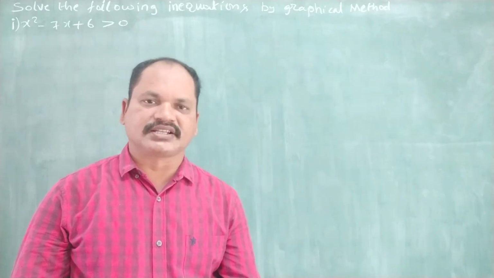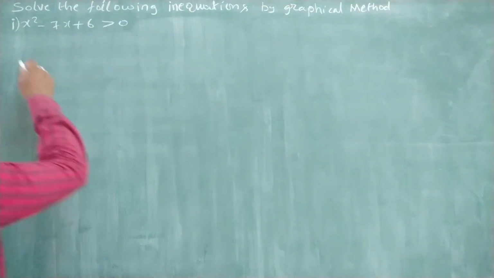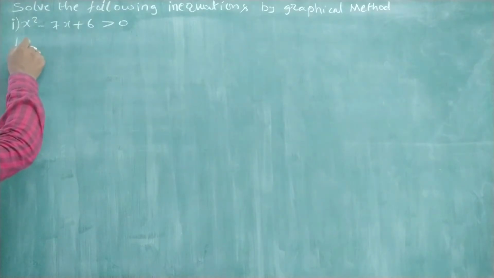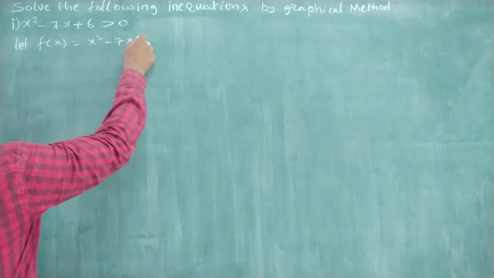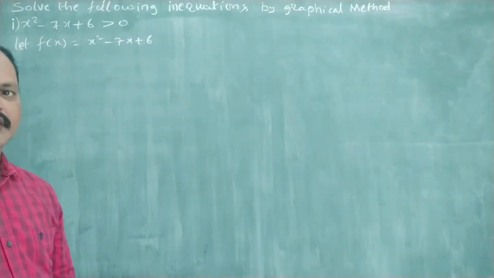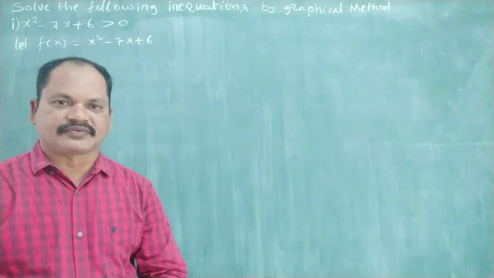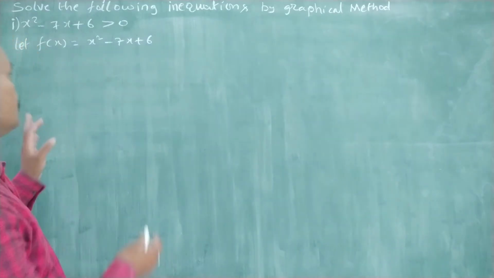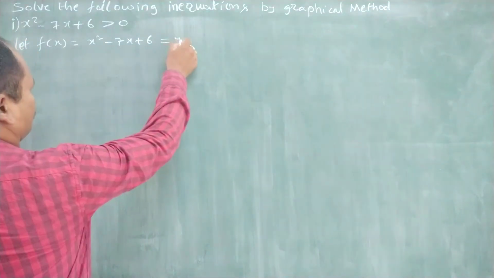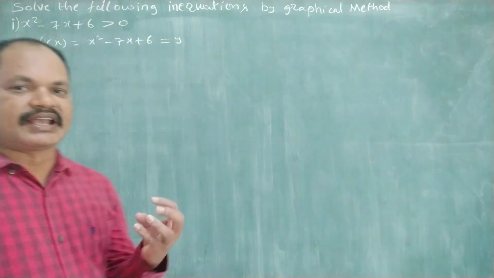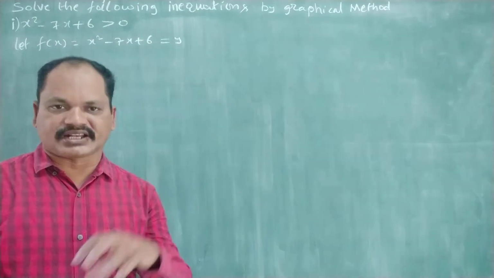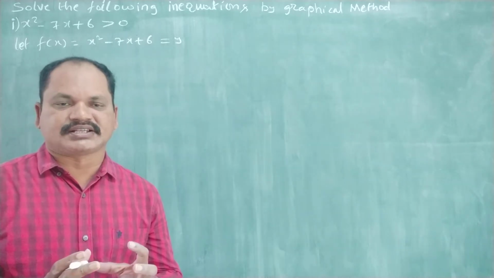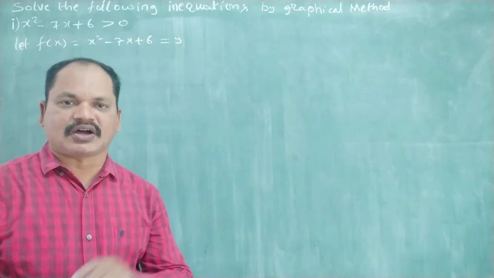That's why let us consider the given expression f of x. Let f of x is equal to x square minus 7x plus 6. So this is the expression taken as f of x. This is taken as y, since x is input, that is domain, and f of x is range. That's why f of x is considered as a small y.